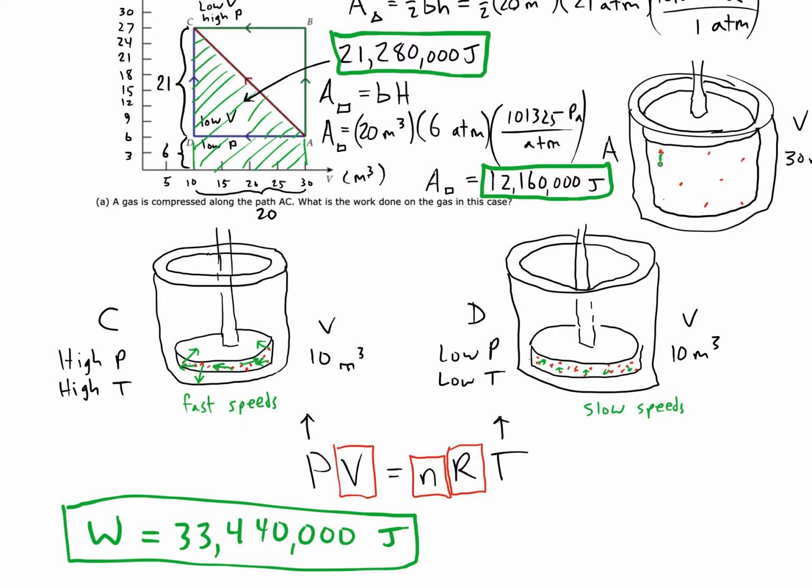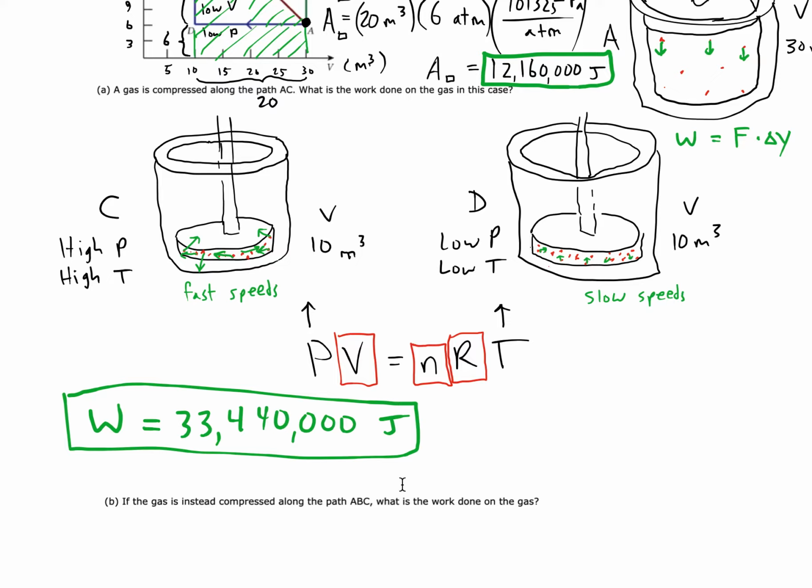These particles will feel forces making them move in the direction that the piston is compressing them, so they each have a force and a displacement here, and that's going to be the work done on them. It's going to be positive because the piston is pushing down and the particles actually will go down. So this would be an example of work being done on the gas. A gas can also do work, though, on the surroundings if it expands.